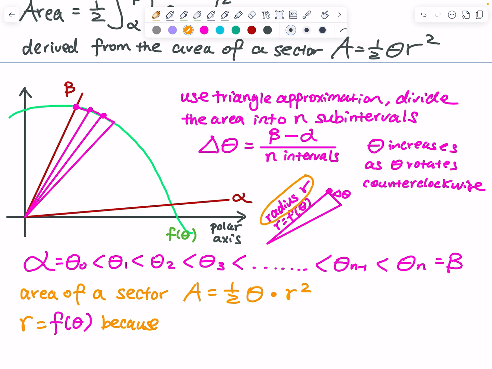You can think of this as the radius. If you think of that as a radius, then the green curve would be imagined as a circle. But r is really r equals f of theta.